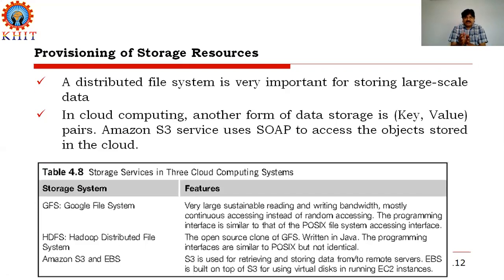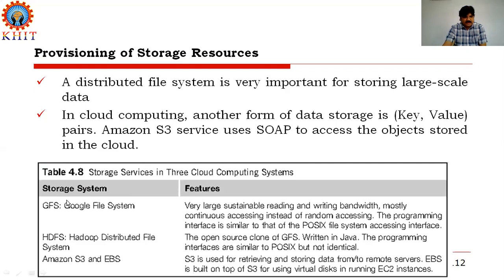Here, Amazon S3 is one of the cloud service providers. They provide services to the end users with the help of SOAP and objects stored over the cloud. There are three types of cloud storage systems available. One is, as we already know, the Google file system or distributed file systems. We already discussed it here.